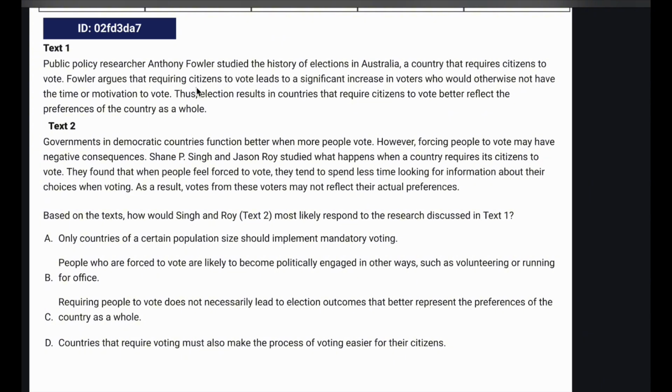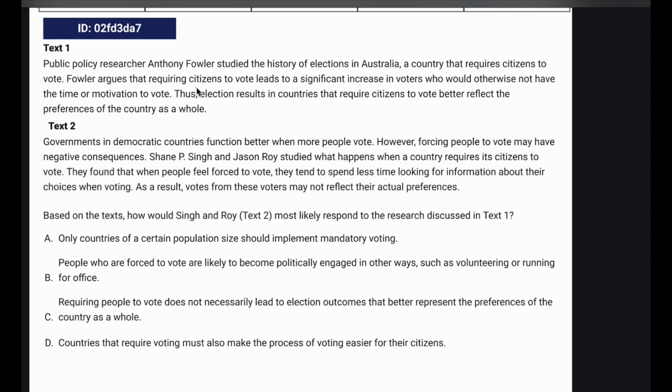Aytayaptiki, voting yaxshi, lekin odamlarni majburlash yaxshi emas. Yomon taraflari bo'lishi mumkin, yomon oqibatlari. This guy studied what happens when a country requires its citizens to vote. They found that when people feel forced to vote, they tend to spend less time looking for information about their choices when voting. As a result, votes from those voters may not reflect their actual preferences.